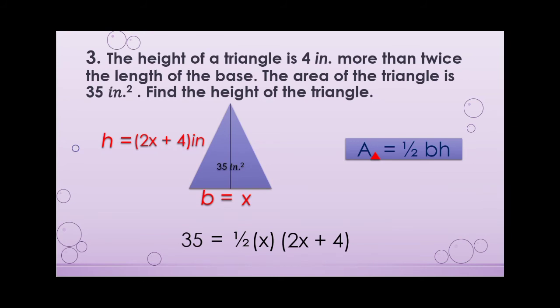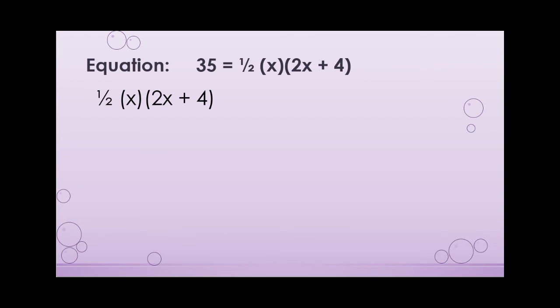So let us solve this equation now. We have the equation 35 is equal to 1/2 times x quantity 2x plus 4. Now we have 1/2 times x times 2x plus 4 equal to 35. So ngayon ay i-multiply na natin si 1/2 by x. Okay, so 1/2 x. Ita-times natin yan by 2x.